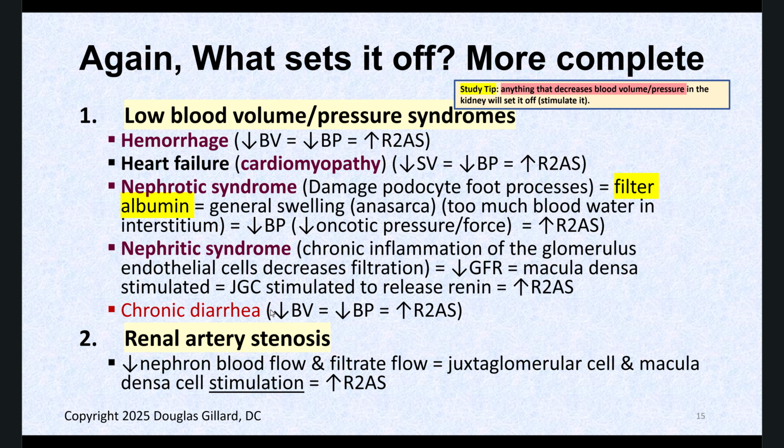They're going to send prostaglandin E2 messages to their next door neighbors, the juxtaglomerular cells, to release renin. Activates the RAAS. Chronic diarrhea, you lose water. That decreases blood pressure, RAAS. So these are all kind of low blood pressure syndromes.